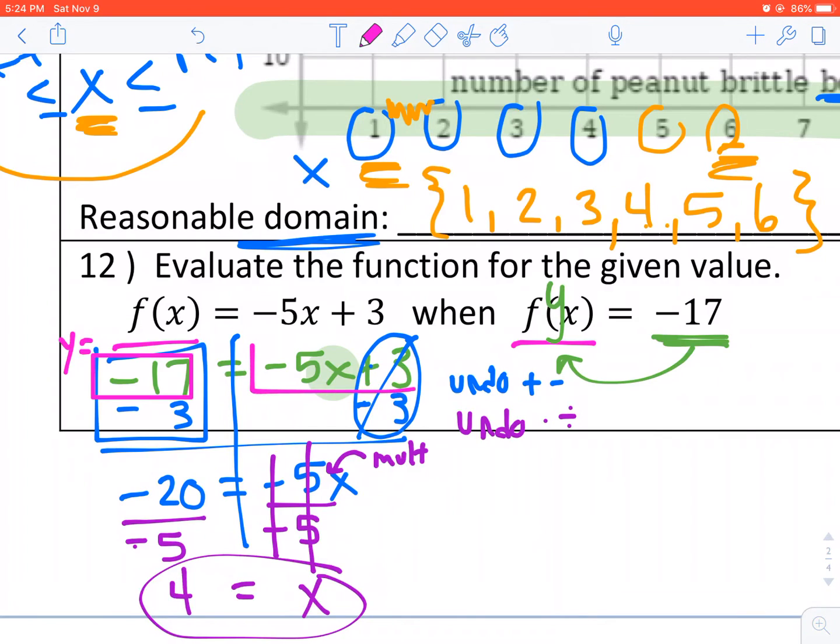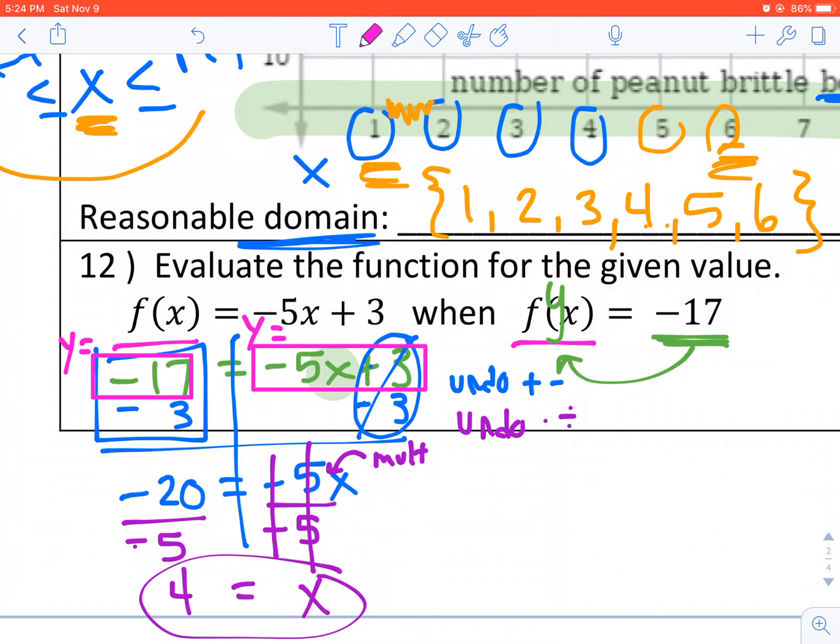Then we're going to type in this left side also with y equals. So type both of those in, what I have in this lovely pink color, y equals a negative 17. You should be typing this in on Desmos with me, and then y equals negative 5x plus 3.